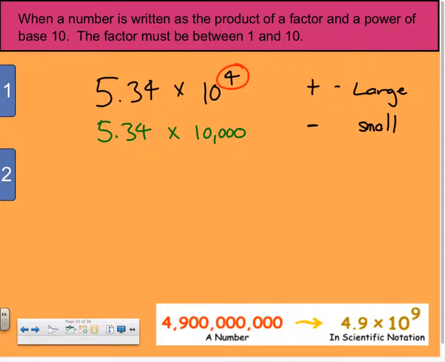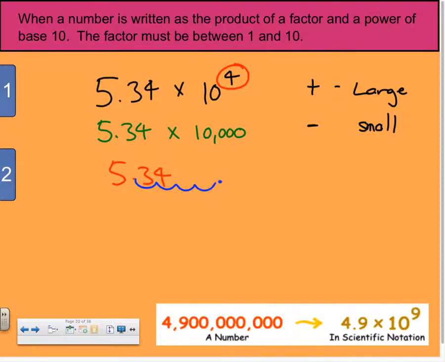Okay? So I have 5.34. I'm going to move it 4 spaces to the right. So I've got 1, 2, 3, 4. Now I've got this decimal point kind of out there in the middle of nowhere. What do I do with these empty spaces? Okay? We're going to put zeros in them. Now, one teacher I had growing up said, kind of picture them as egg cartons, right?